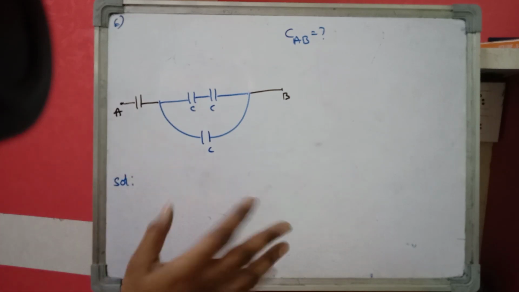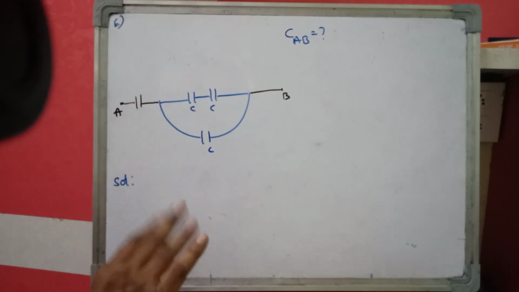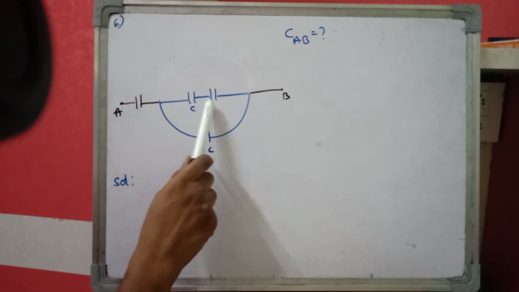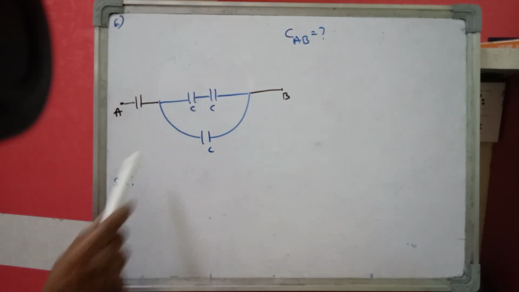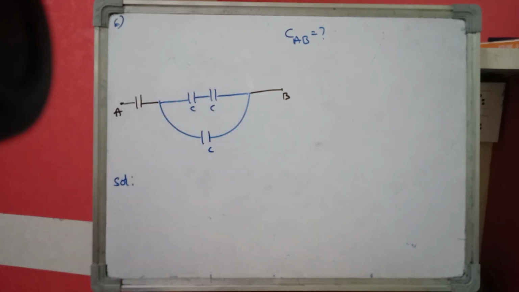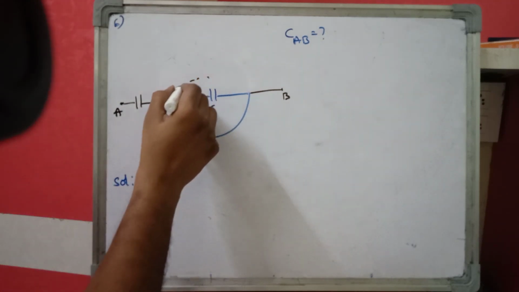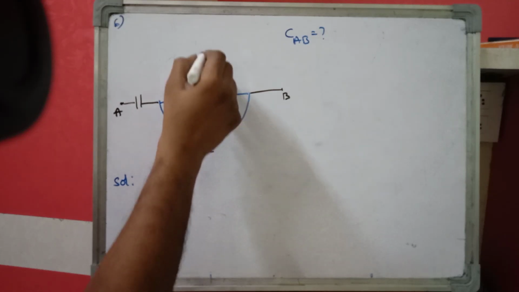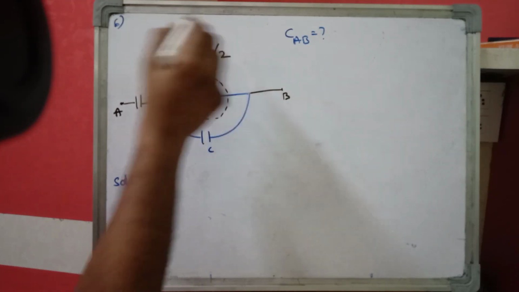If there is no splitting of charge while moving from one capacitor to another, the two capacitors are in series. So these two capacitors are in series and these two branches are in parallel. What is the effective capacitance of these two capacitors? As both capacitors, each C, are connected in series, the effective capacitance is C by 2.